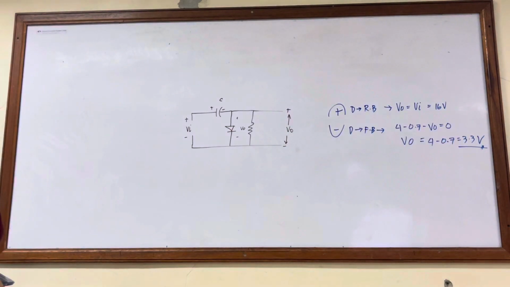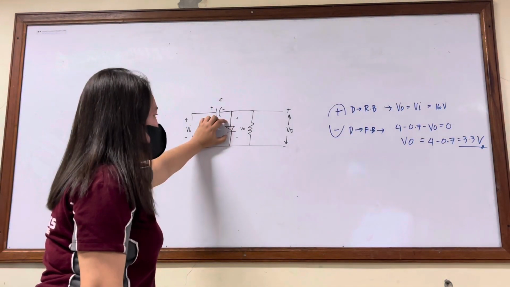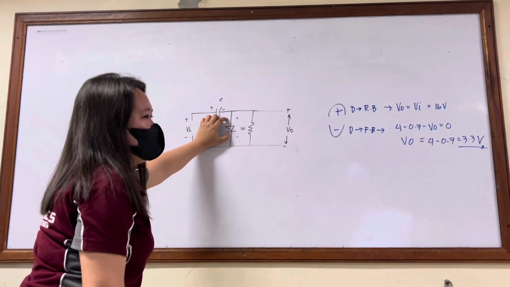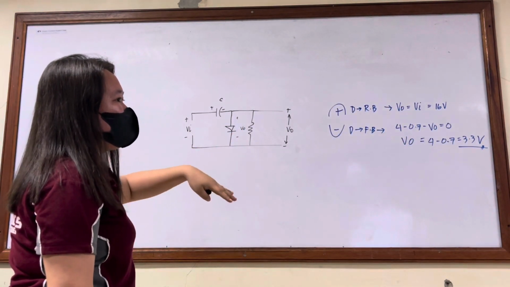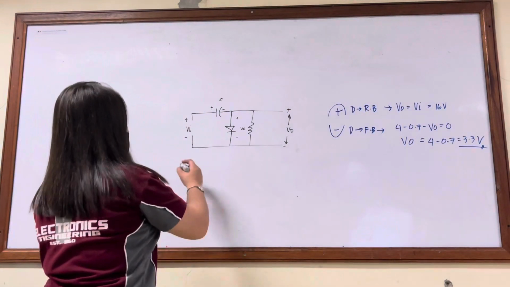Now during forward bias condition, V output is connected here. But during ideal, it is just a switch. Since it is just a switch, it has no voltage of its own. So it is 0.